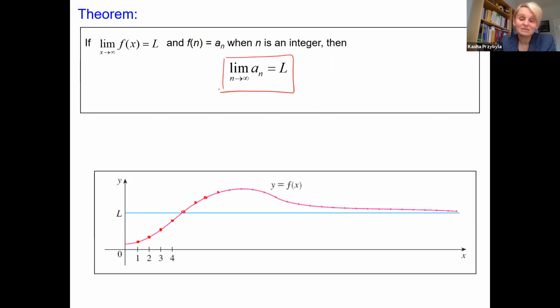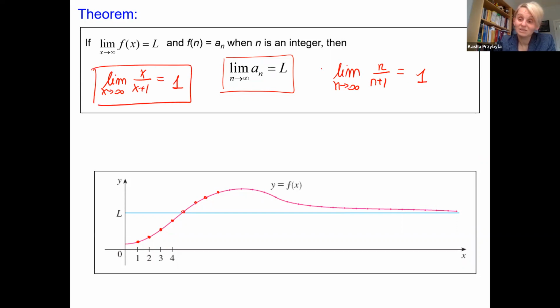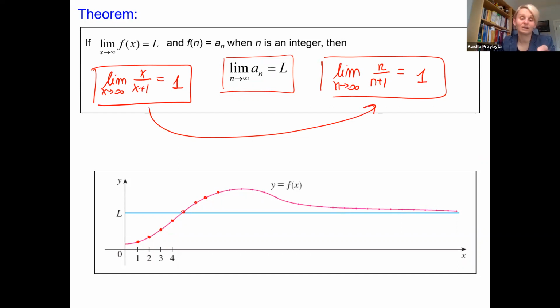And what this means is that we just computed n over n plus 1, and we know that is 1. What we can do, if it's easier, is write the corresponding function. We can see it's the same formula, but this one is in terms of x and this one is in terms of n. This is the function and this is the sequence.